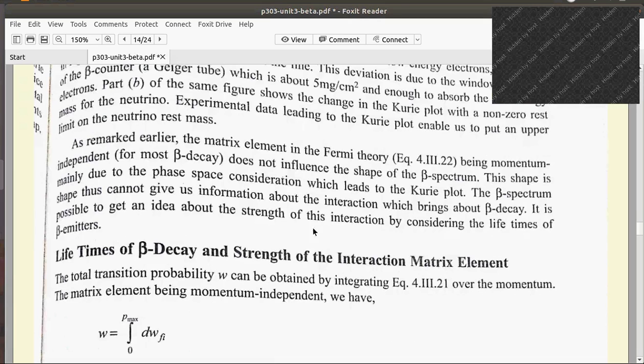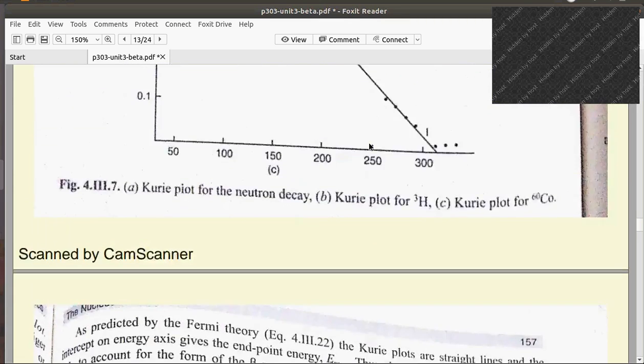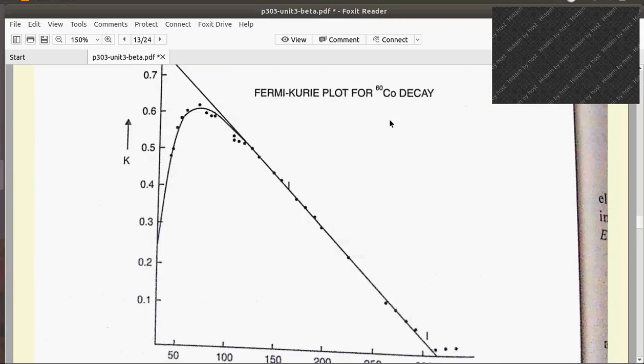It is possible to get an idea about the strength of this interaction by considering the lifetimes of beta emitters. So basically, we discussed that the density of states gives you the shape of the beta spectrum. But in our expression we have the matrix element <f|H_W|i>.